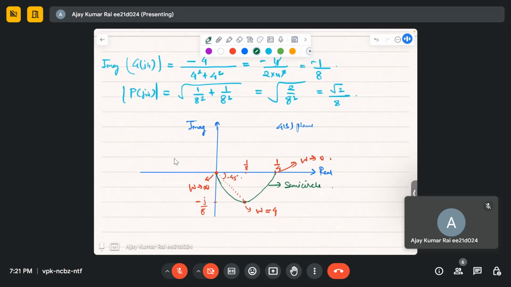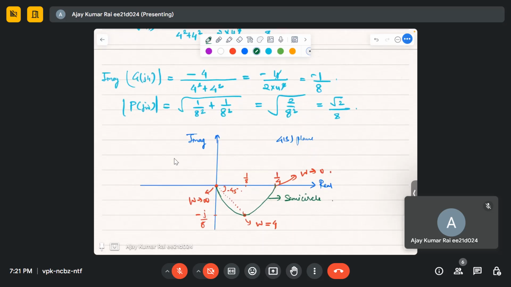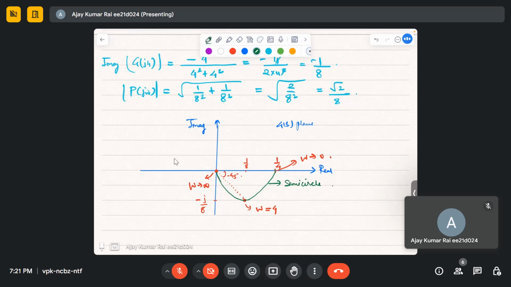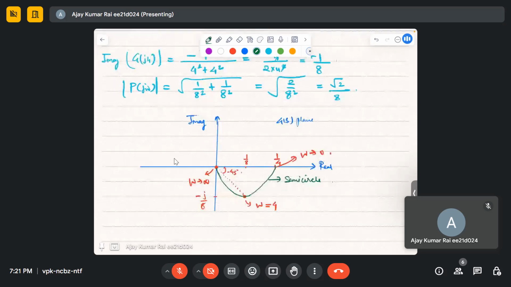And what we have to find out? We have to find out the radius of this semicircle. What is the radius? Can you tell me the radius by looking at this?